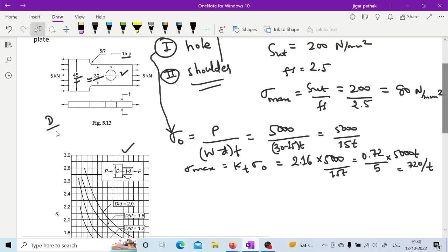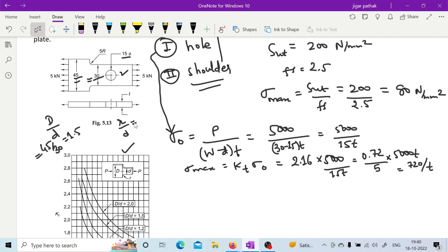So capital D by small d is equal to 55 by 30, that is 1.5. And small r by d, which is 5 by 30, is 0.167.